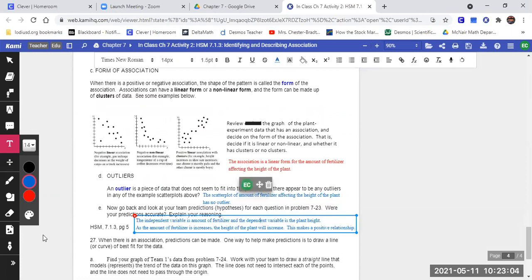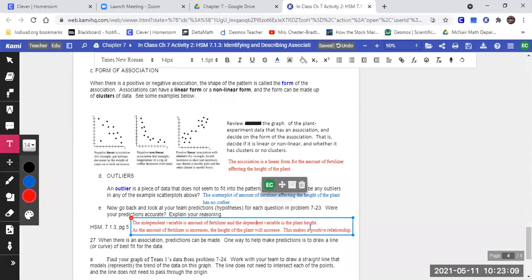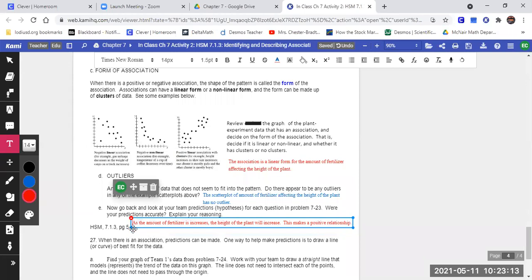We do not need the comment about independent and dependent variable. Okay, as the amount of fertilizer increases, the height of the plant increases. And then we're going to say why. So that was our hypothesis.